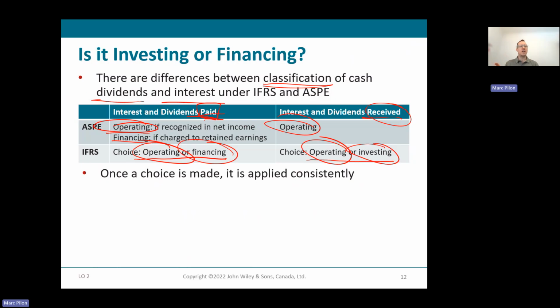So just keep that in mind. For this course, just use operating activities. It's an easy trick, and that way you can't get it wrong, right? Because if you were to record interest and dividend paid as part of investing activities, that would be wrong, and you would get a wrong answer. So just put it as part of operating activities. It's easier that way.